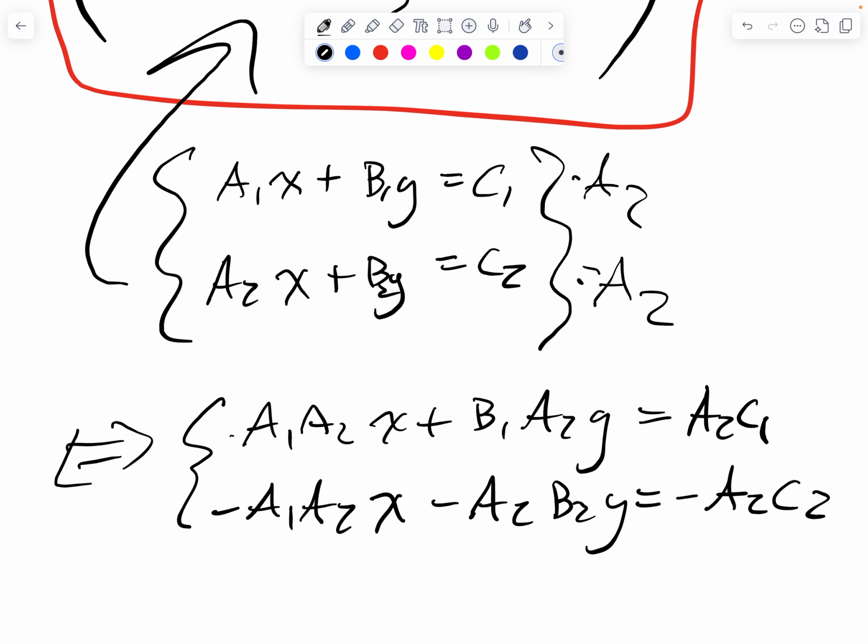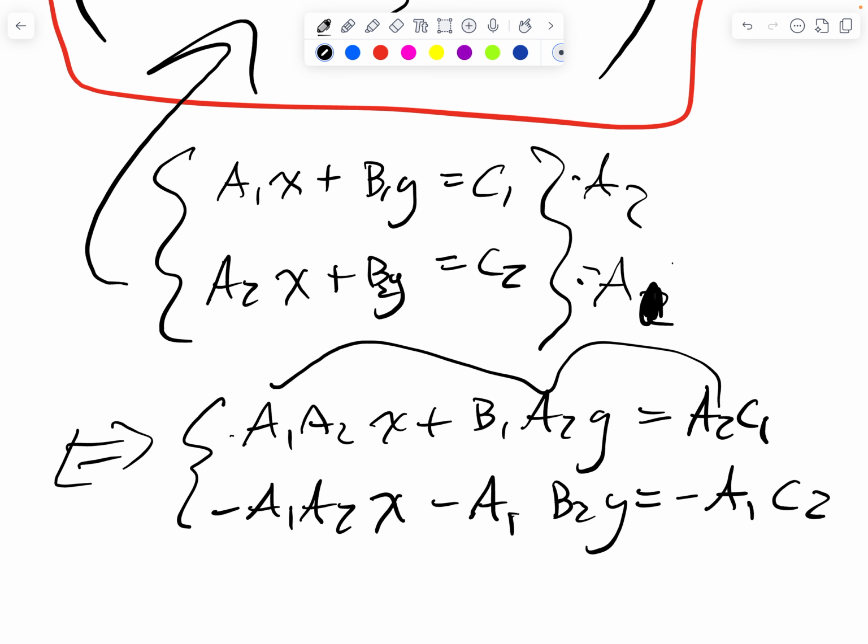Did I get it right? Everything get an A2? Yep. Everything get a negative A1? I'm trying to do it as fast as I can, but I'm going to do it without making mistakes because I'm going to double check.